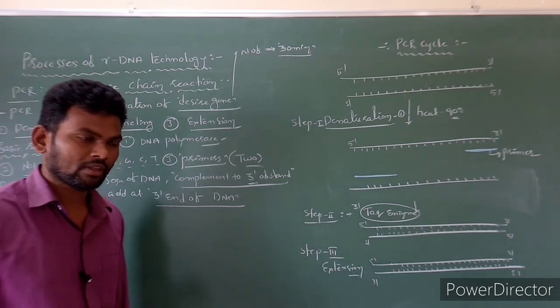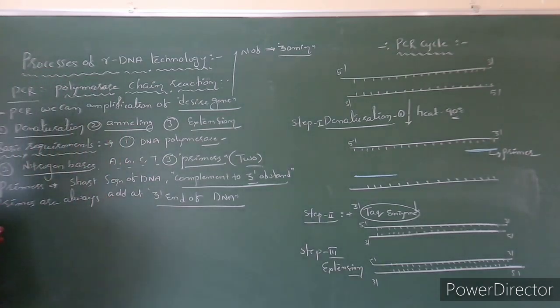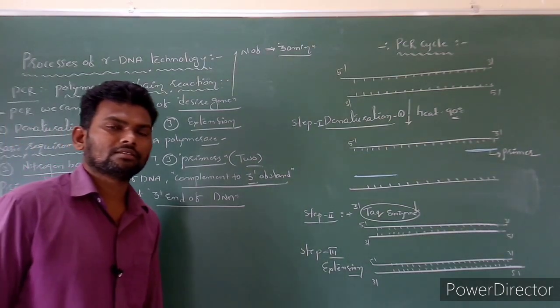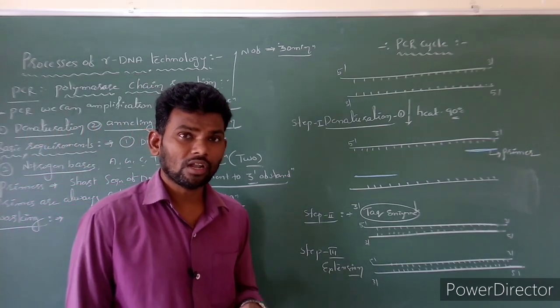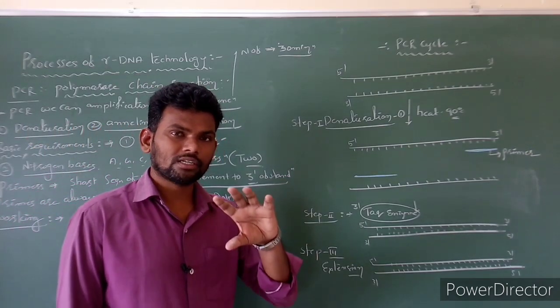Next, how it works, the working mechanism of the PCR cycle. It is simple. It is a thermal cycle, with alternating temperatures.